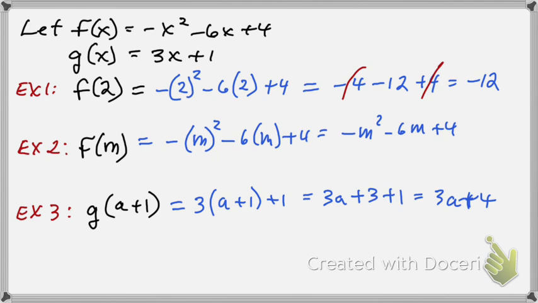And so then if later somebody said, well, let's let a be 10, well, I would know then that I would get 34. So if a were 10, I'd get 34 for my y, or whatever that dependent variable is. Stop right there. Question about any of that? They're going to ask you problems like this on the homework. That's why I bring it up.